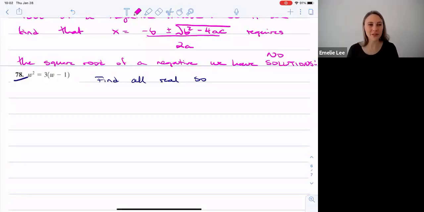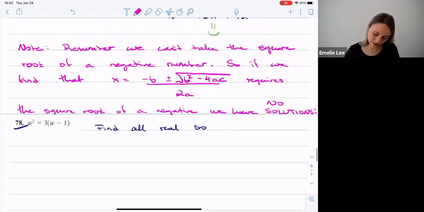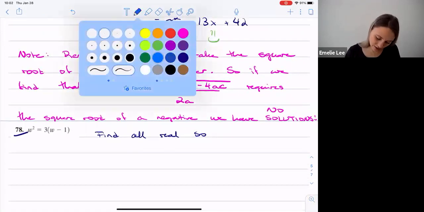There, no solutions. Okay, and graphically, what does that look like?